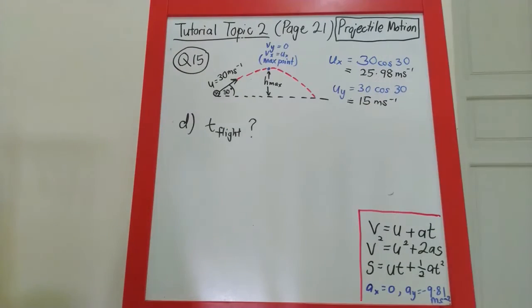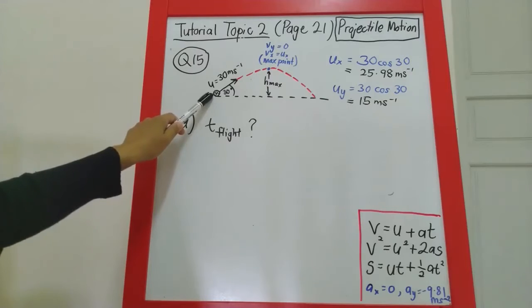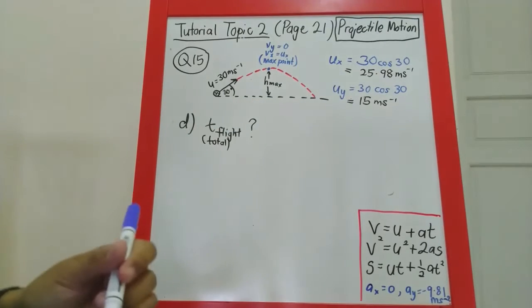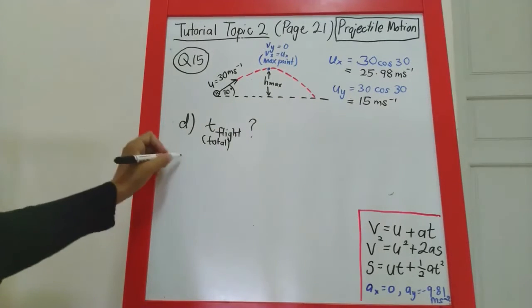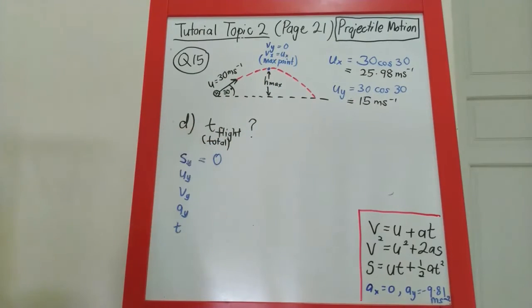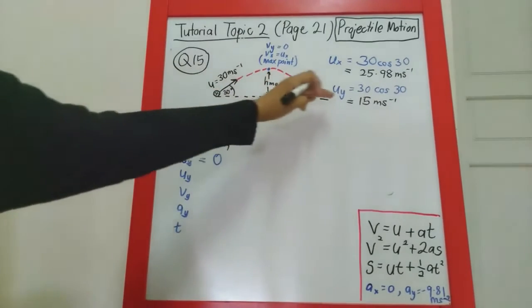Part D asks the time of flight. I mean the total time for the golf ball to travel from here initially up until it hits the ground. Let's do SUVAT analysis. Sy is 0, okay, because the initial and final point are on the same level.